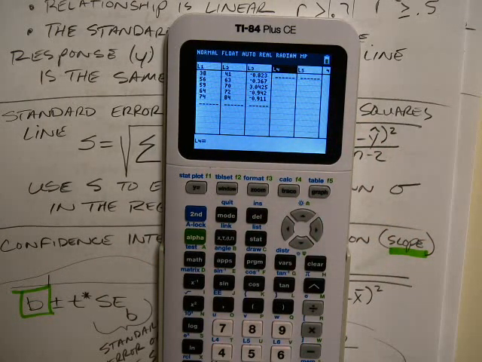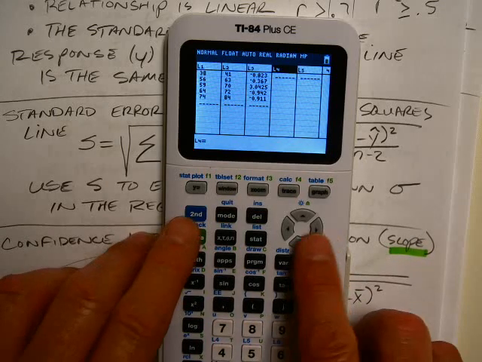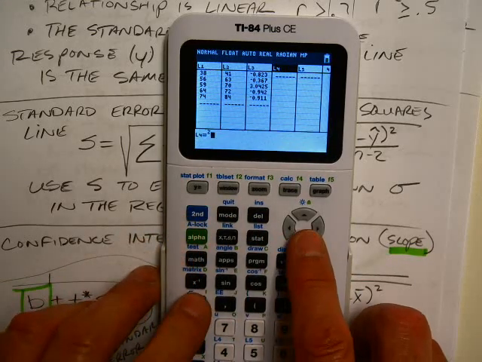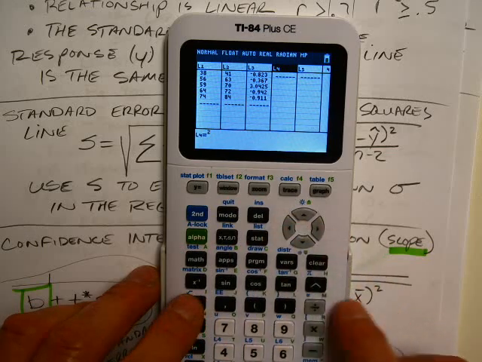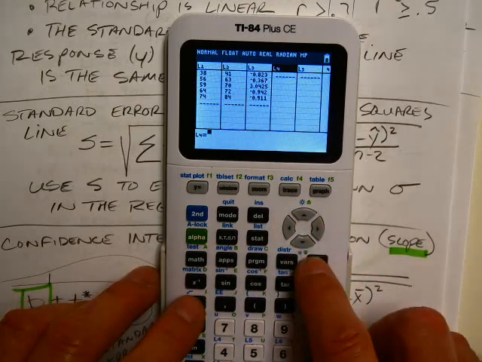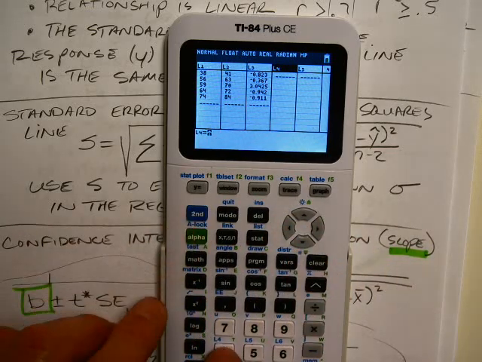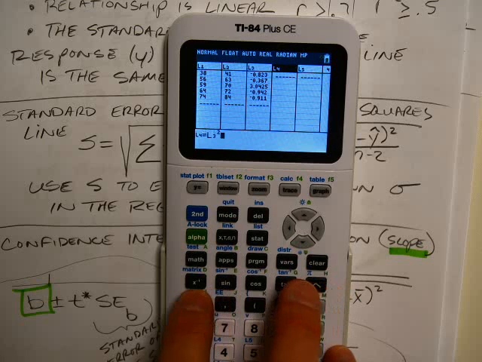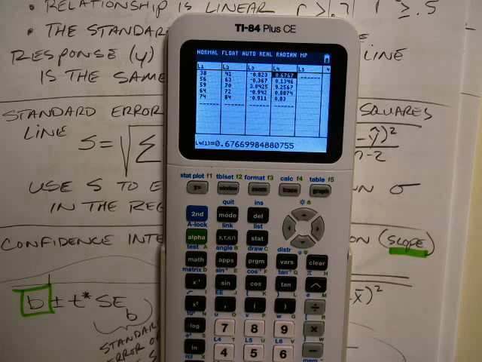I want to square them, and I want to add them. So let's square them first. Oops, wait a minute, I don't want to square yet. Let's put in L4. I'm sorry, L3. We're squaring the L3 list, and that'll give us our squared values.